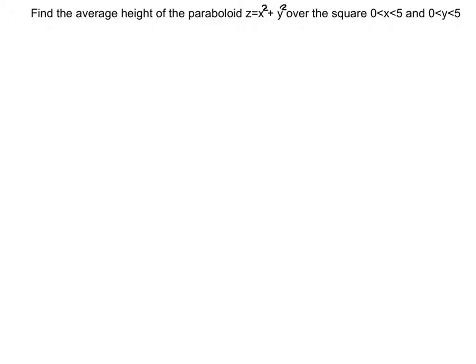Let's start by drawing the paraboloid. Here's our z-axis, and here's our y-axis, and here's our x-axis. So let's label this x, and we'll label this y, and we'll label this z.